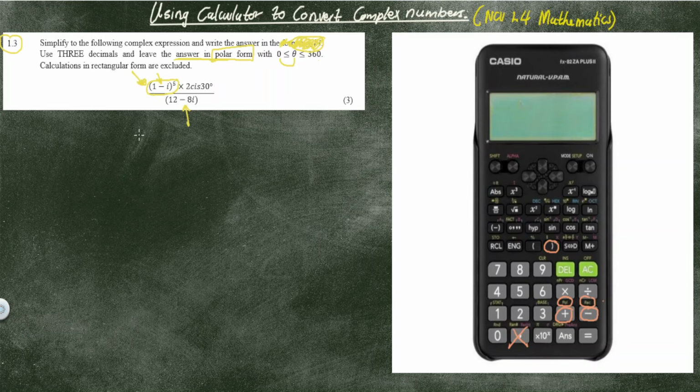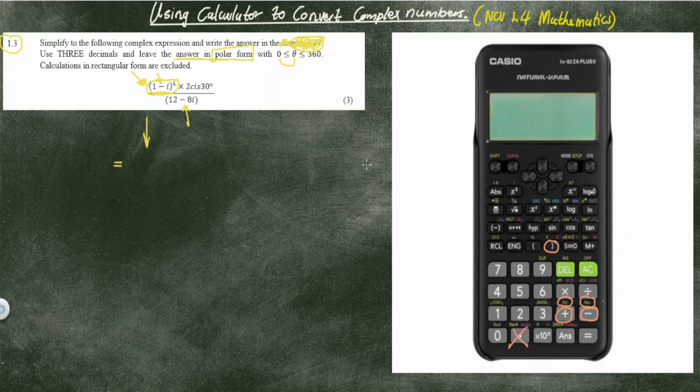On the question, I said, using the Argand diagram to get the polar form is going to be a lengthy process. So I said, just use your calculator. Now I'm showing you the part where you use the calculator to get your polar form.